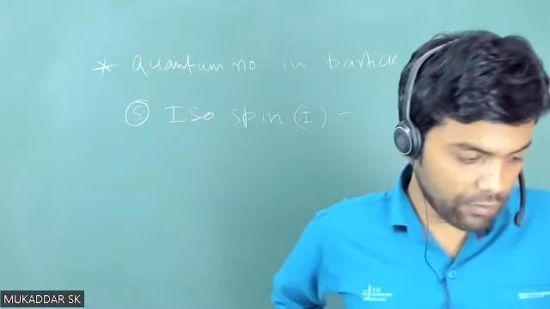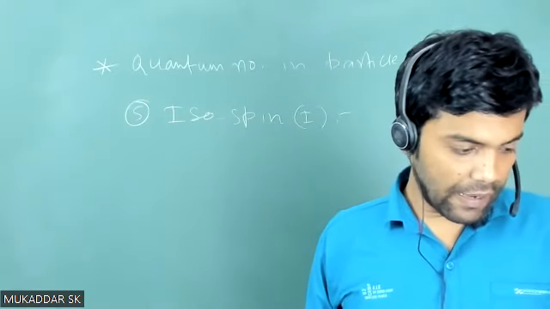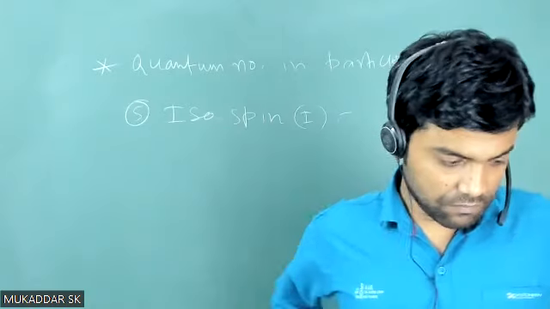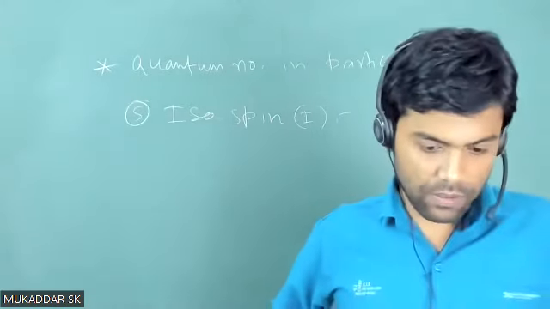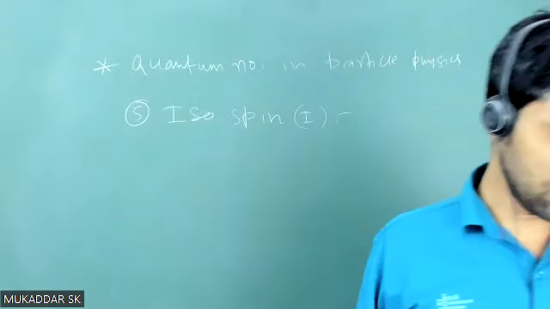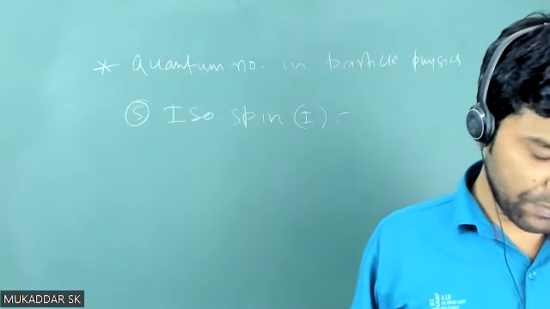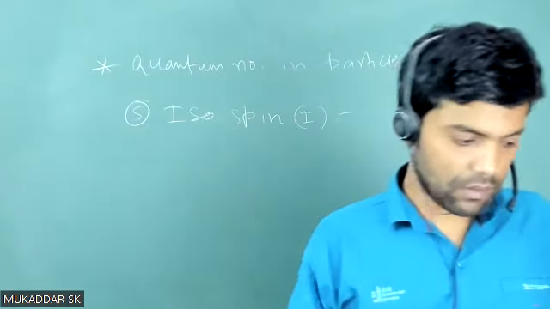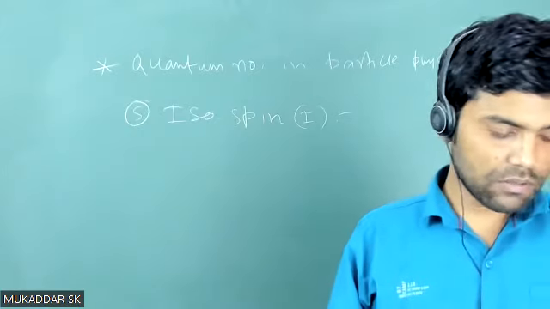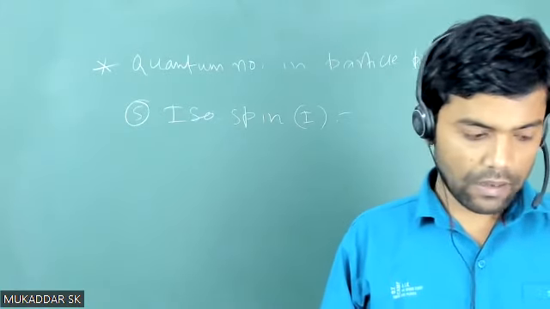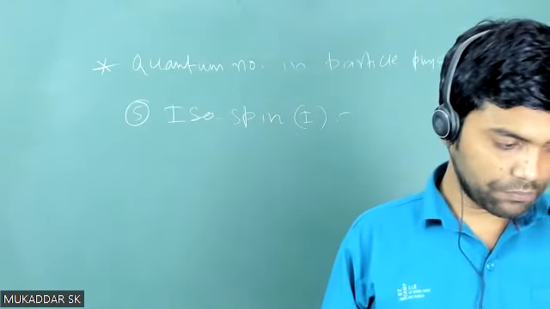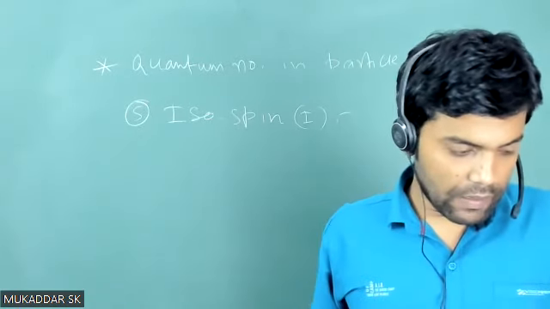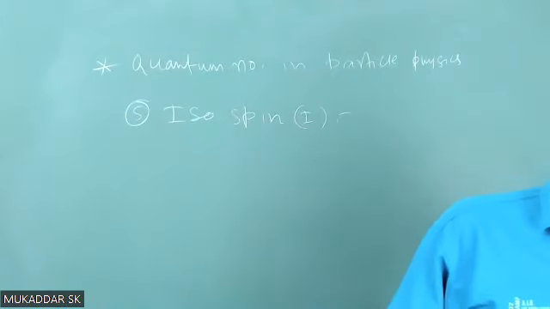Hadrons having nearly the same mass, not exactly the same mass, maybe the same mass or nearly the same mass, the same spin and the same strangeness quantum number are grouped together and assigned a quantum number, that is the isospin quantum number.